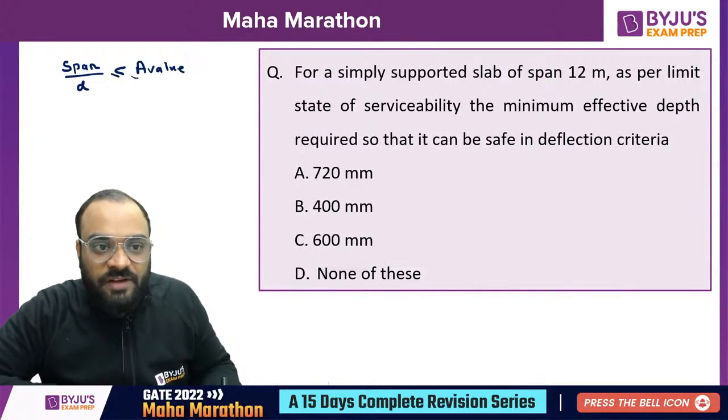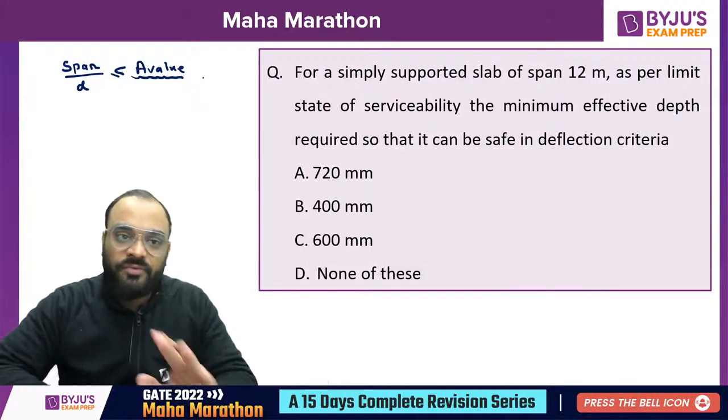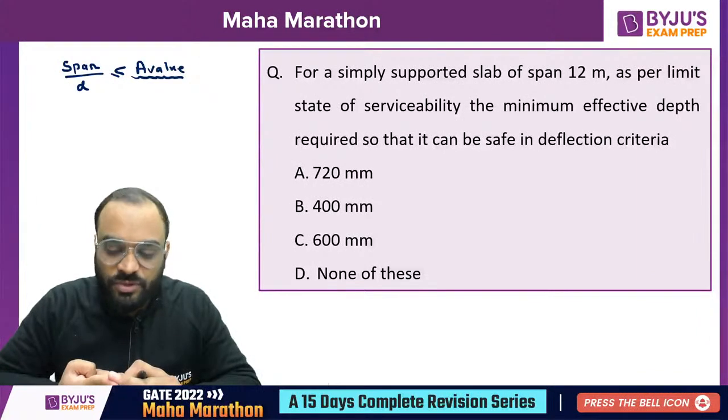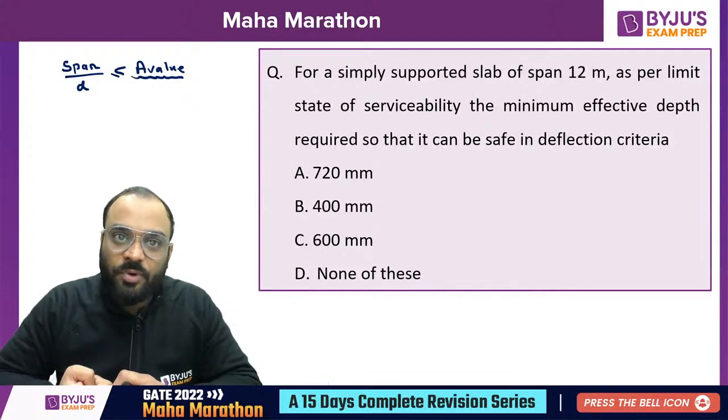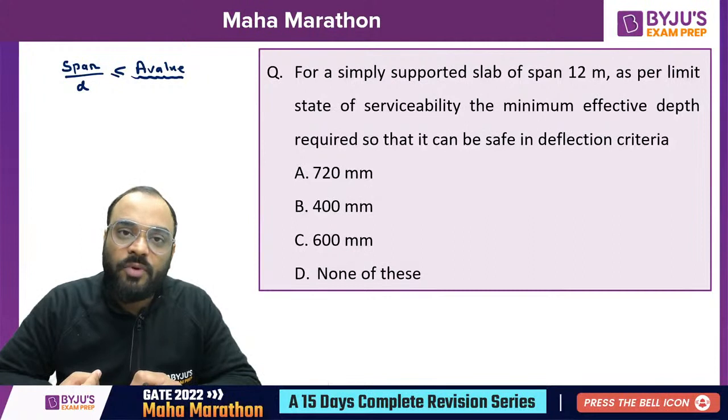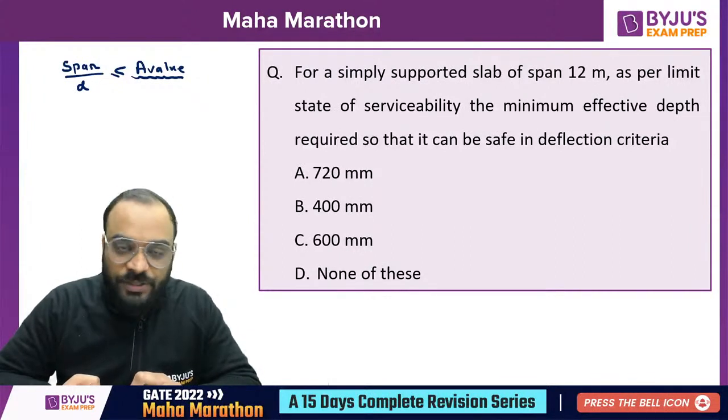Now what is this A value? A value will depend upon various factors. First, the type of support or type of beam. Second, the span length. Third, the area of steel which you are providing as tension reinforcement and the area of steel provided as compression reinforcement, right?